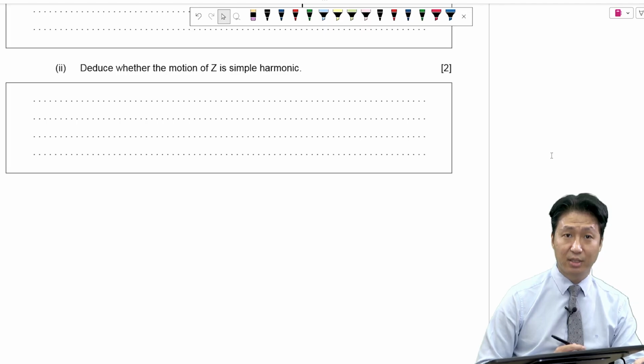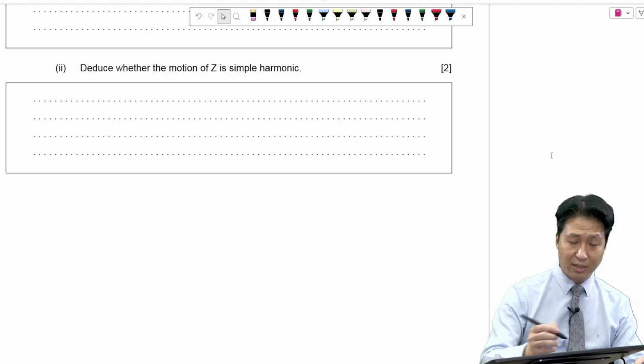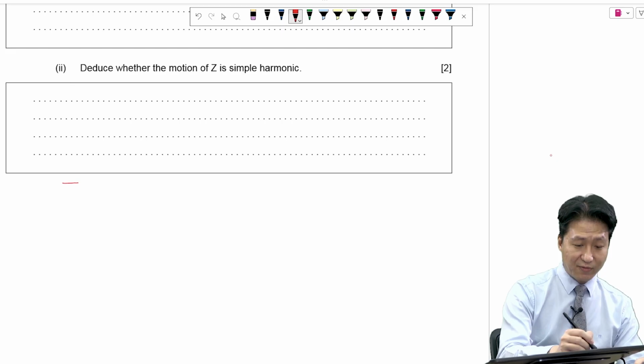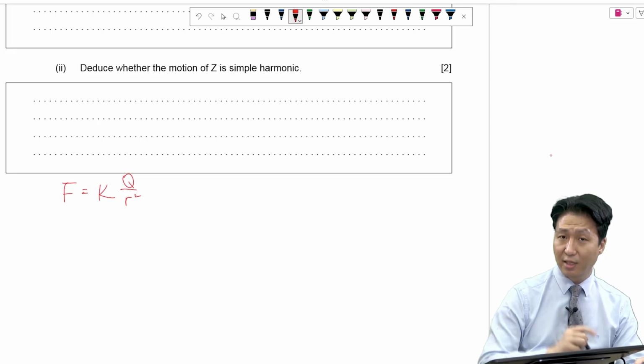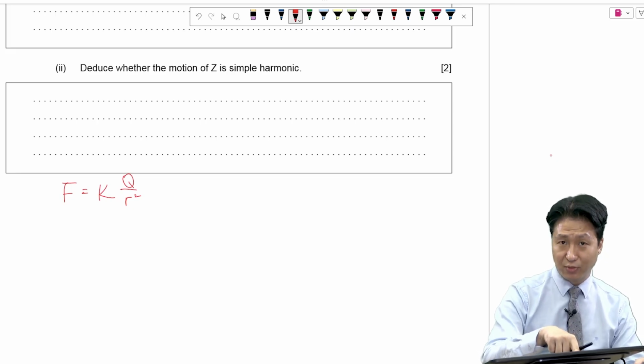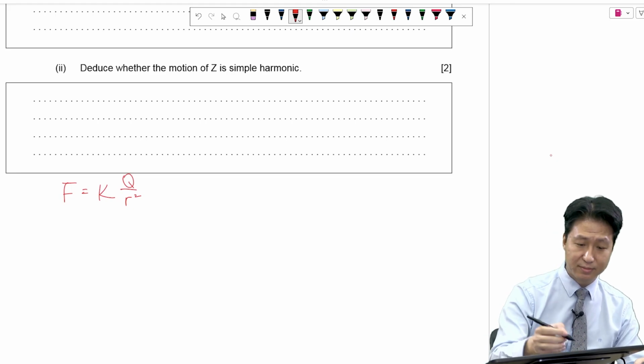Number 2 says deduce whether the motion of Z is simple harmonic. Now, the electric force is kQ over r squared. This means it's not proportional, right?